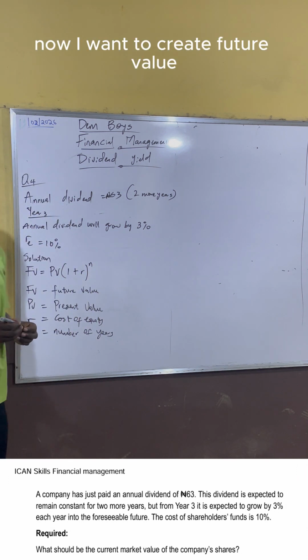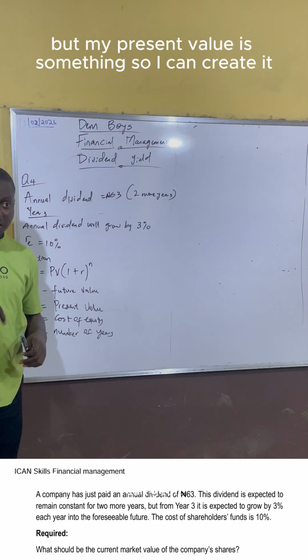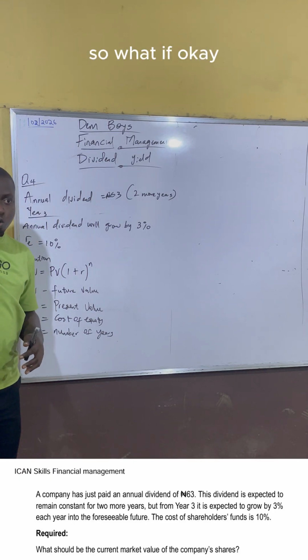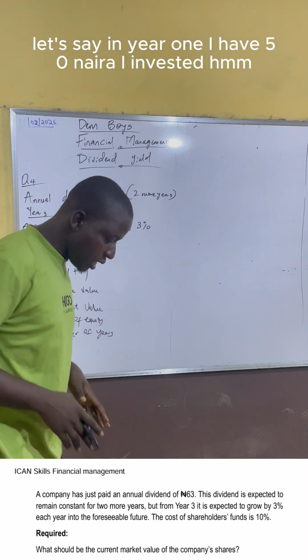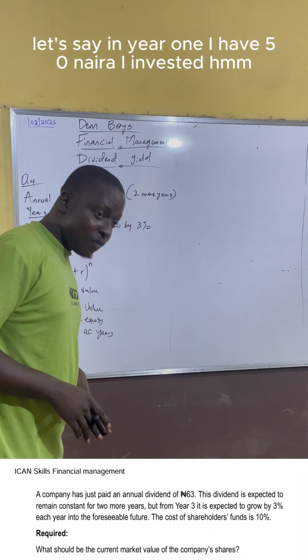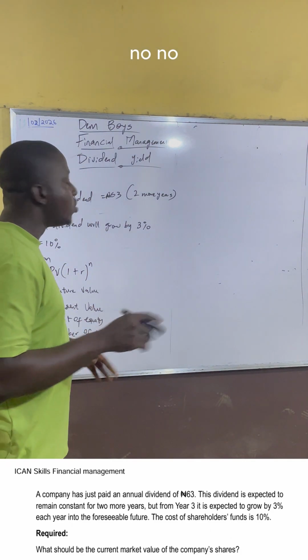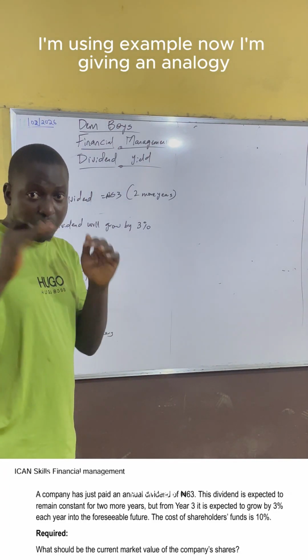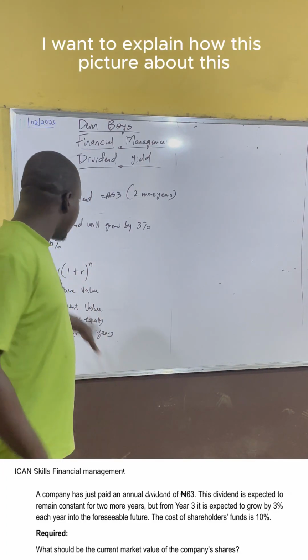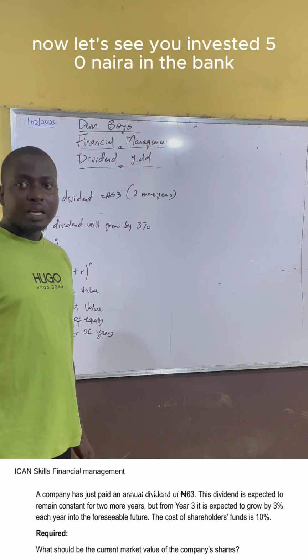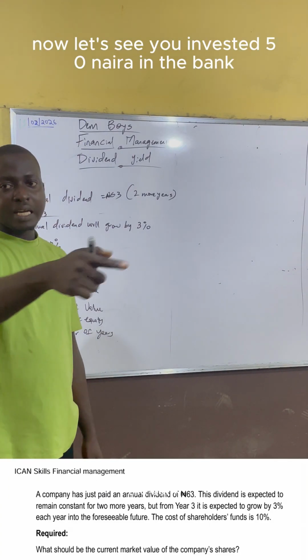Now, I want to get future value, but my present value is something, so I can get it. Let's say you invested 15 naira in the bank.